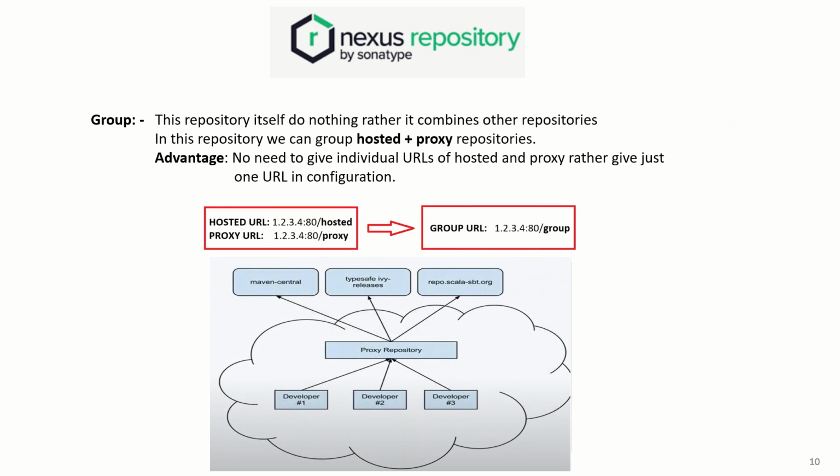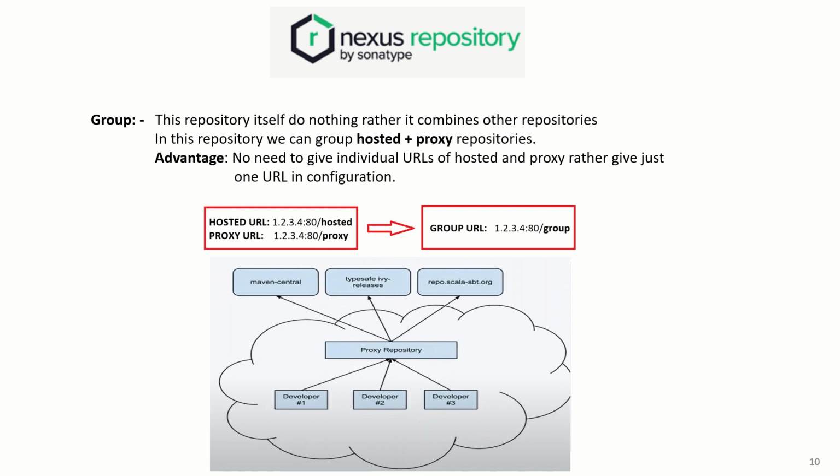Okay, now there is a third repository, the group repository, which is basically what we are going to use in an organization. It's a combination of both hosted and proxy repositories. The advantage is that we don't need to give any individual URL for hosted or proxy; rather we'll just give one URL in the configuration. As we can see in this picture, the hosted URL has /hosted as a context root, proxy has /proxy, and group has /group.